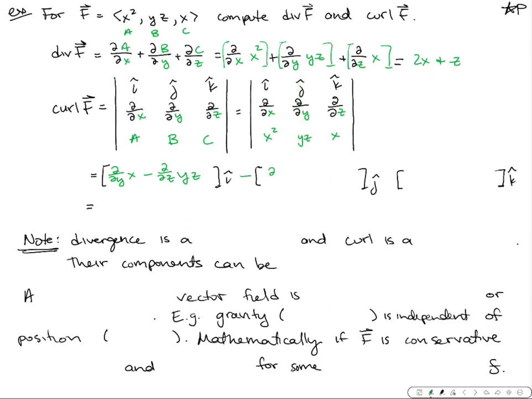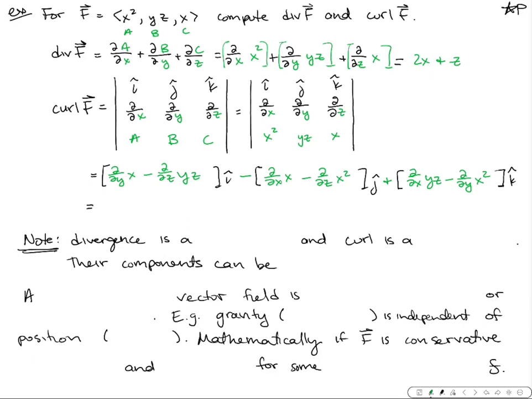And then we move on, adding the k component. We're going to ignore what's below k, and we'll have d/dx of yz minus d/dy of x squared.